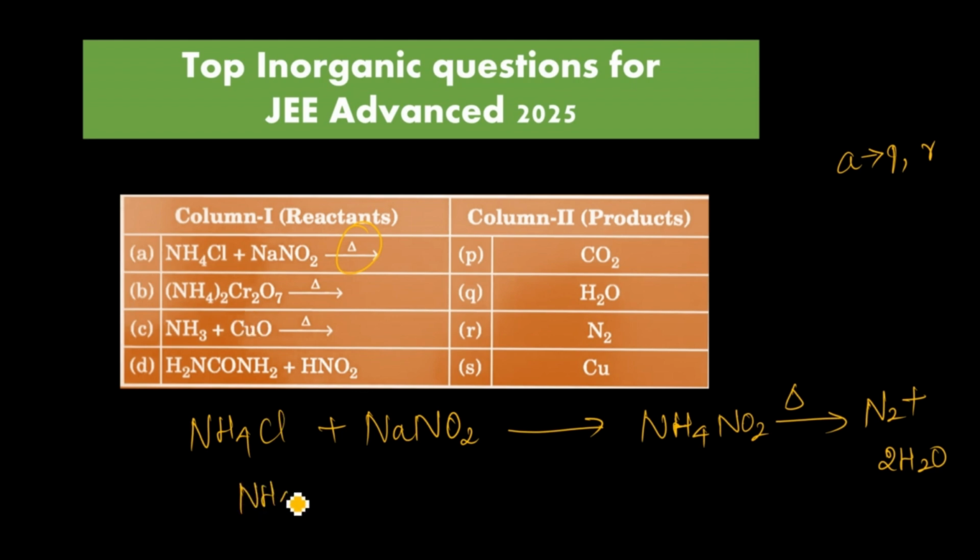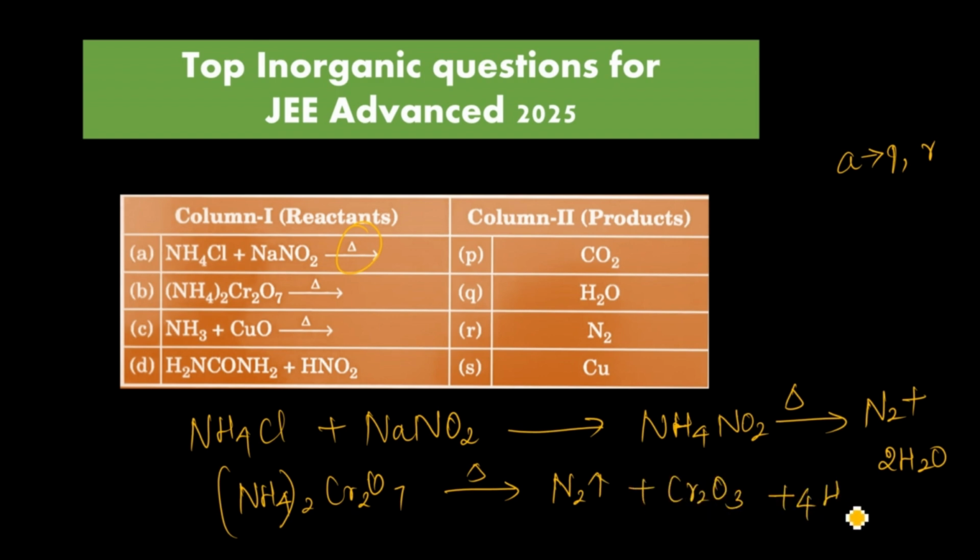Then the next one, ammonium dichromate upon heating. Upon decomposition, that will give you again nitrogen with chromic oxide and water, isn't it? So N2 and water, that is Q. Then the next one, nitrogen is also there, so that will give you Q and R for C. And D, where I am having urea with nitrous acid.